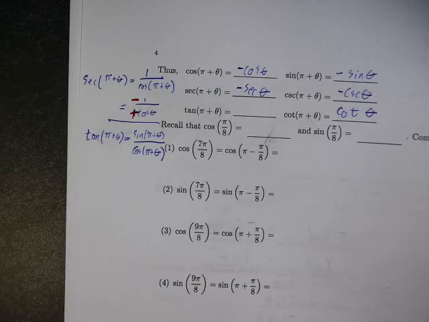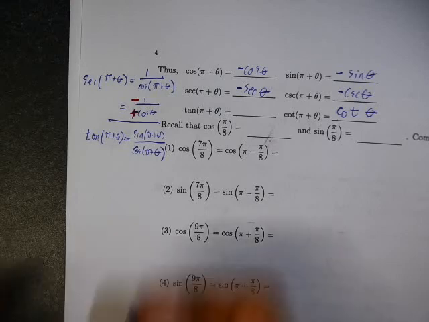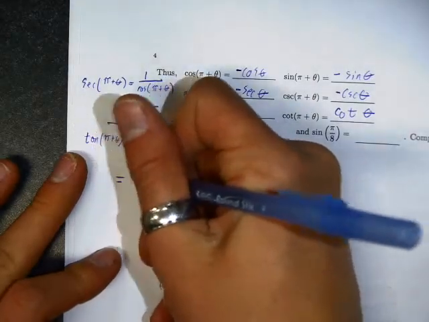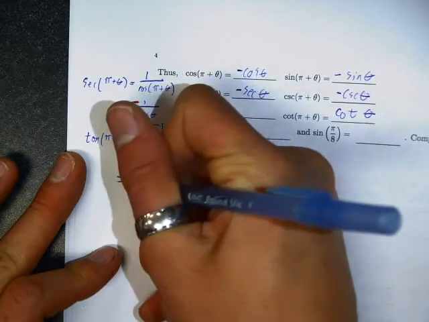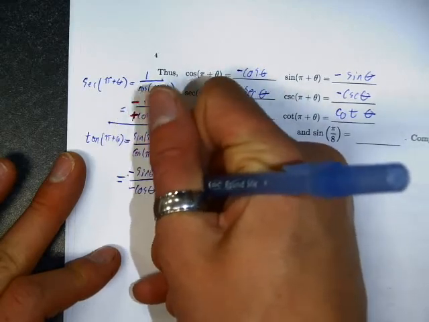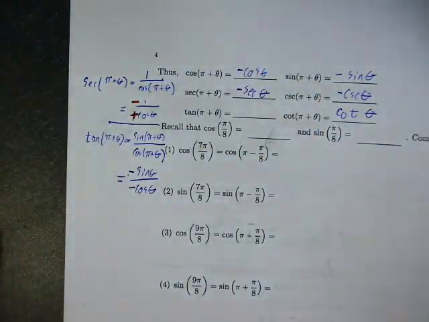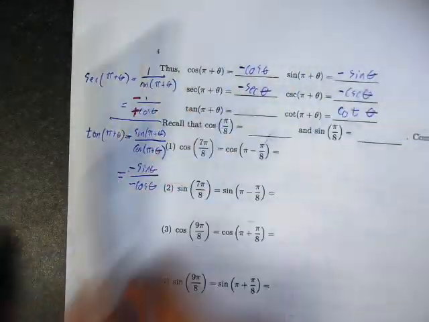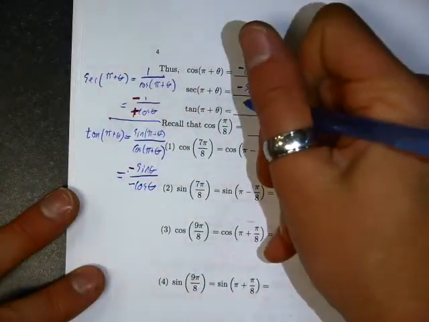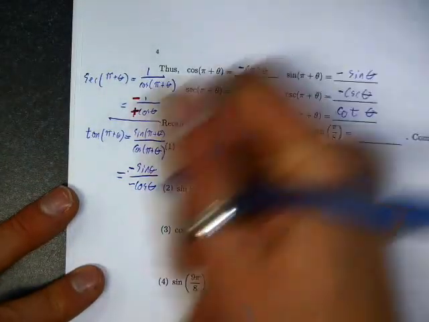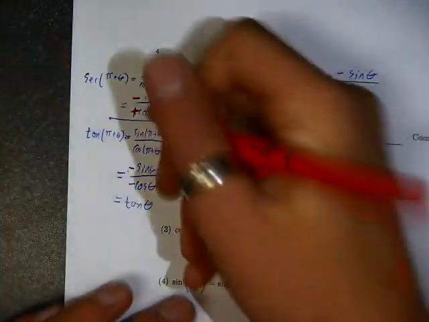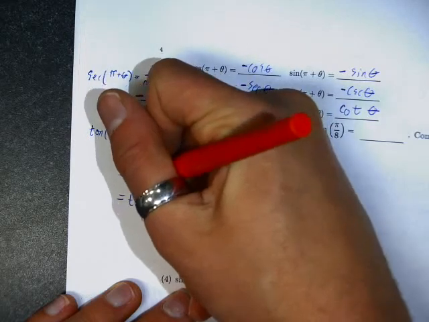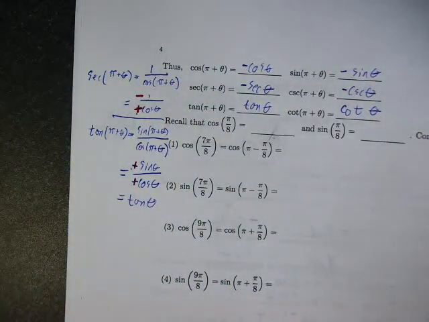Also makes it negative. So that is the same as negative sine theta divided by negative cosine theta. Do those negative signs cancel? Leaving you with just sine over cosine, also known as tangent of theta. Cool.